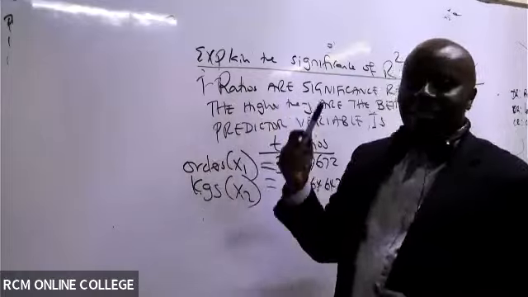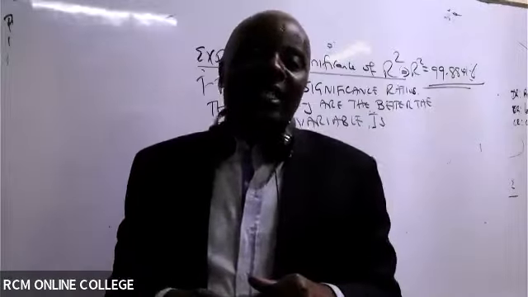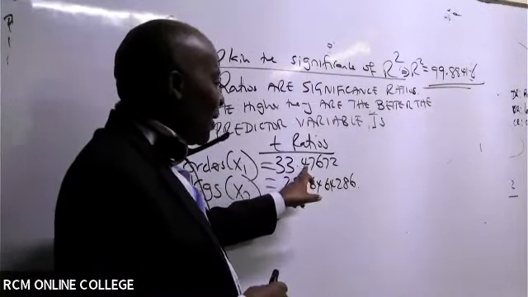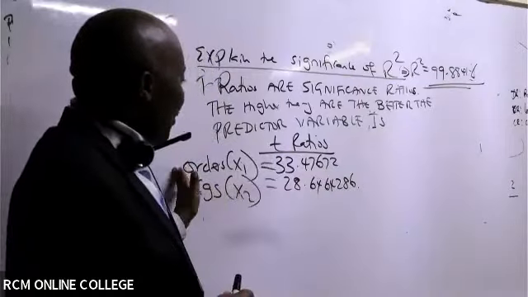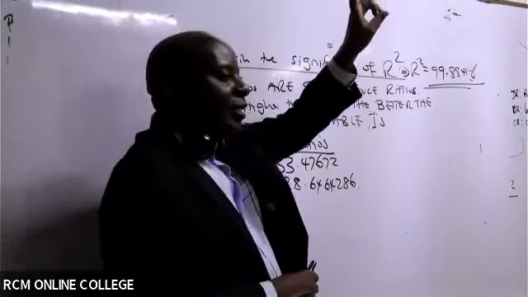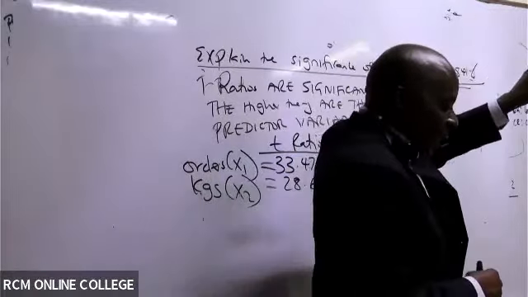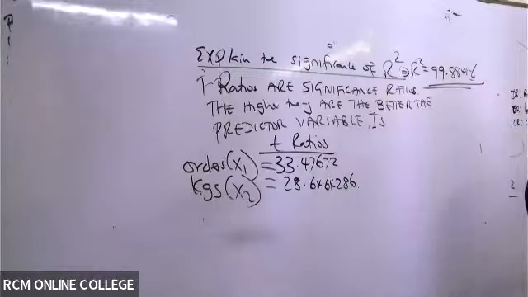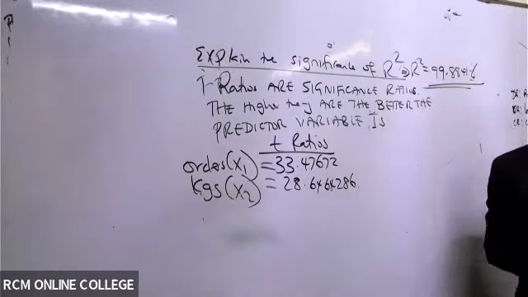Remember, the higher the T ratio, the more significant. So the higher one is 33, isn't it? Yes, so this is the higher one, and therefore, number of orders are more significant.